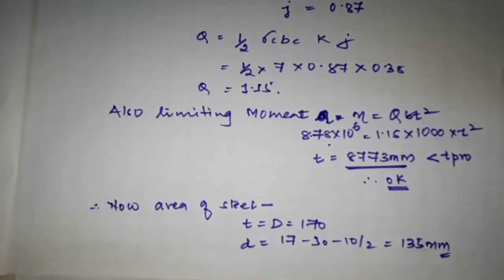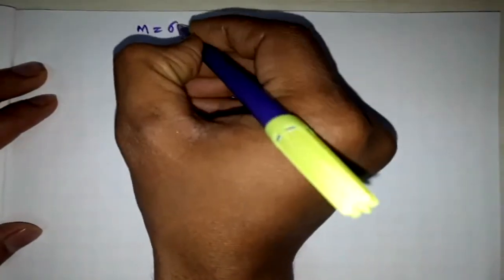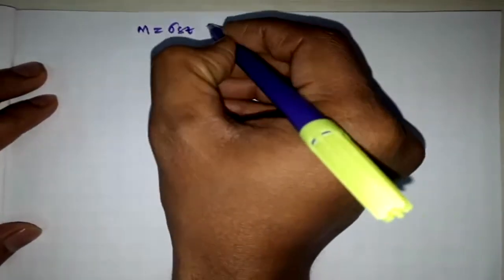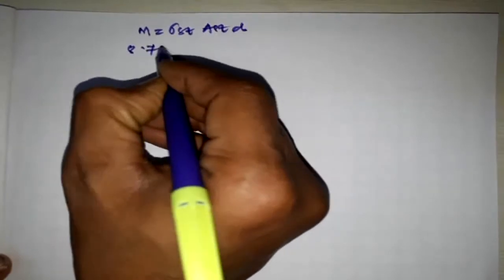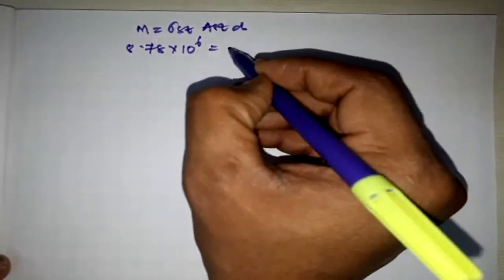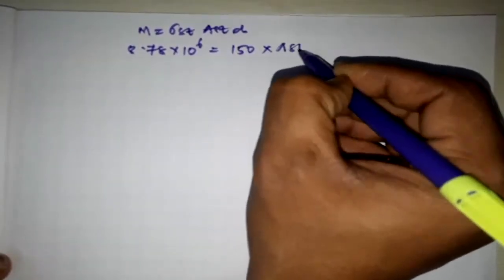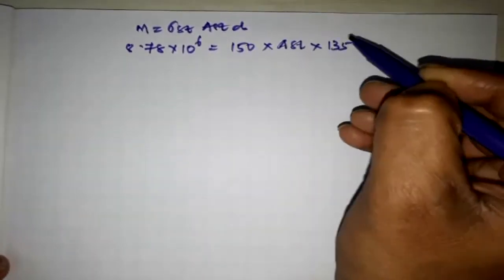Again using M is equal to sigma ST into AST into D, that is 8.78 into 10 raised to 6 is equal to sigma ST, 150, into AST into D, D is 135.